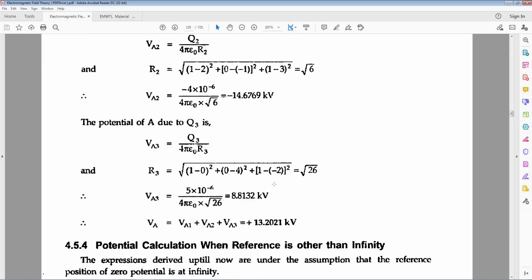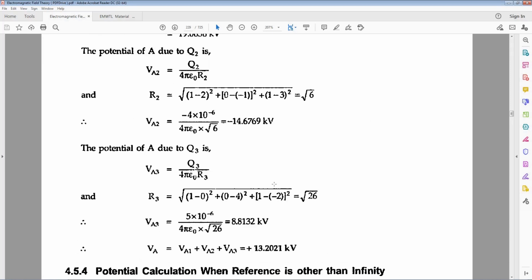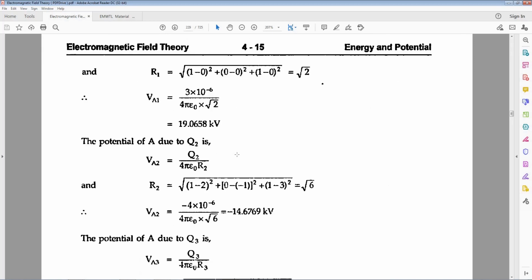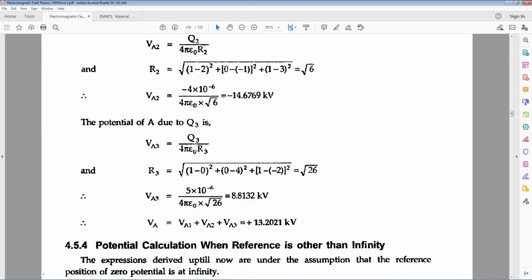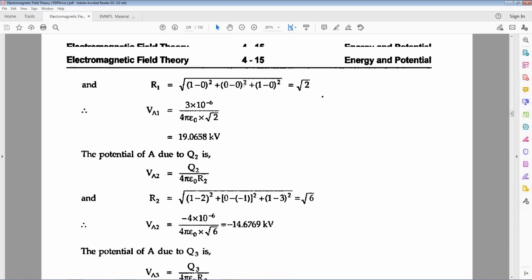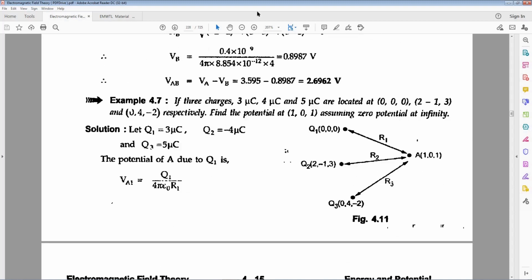8.8132. Then you can find all the terms: 19.06, 13.8, 8.813 and minus 14.6. So the Q2 given is showing here as plus; let us take it as a minus value. Here Q2 is equal to minus 4 microcoulombs.